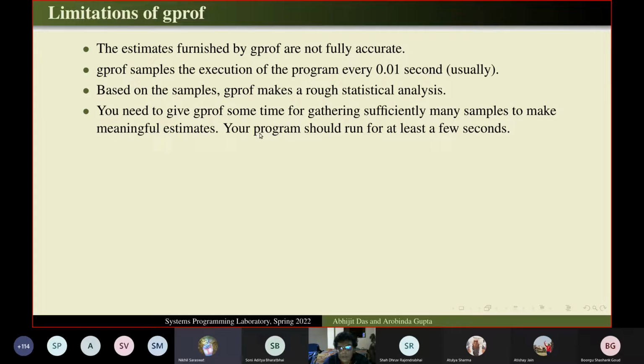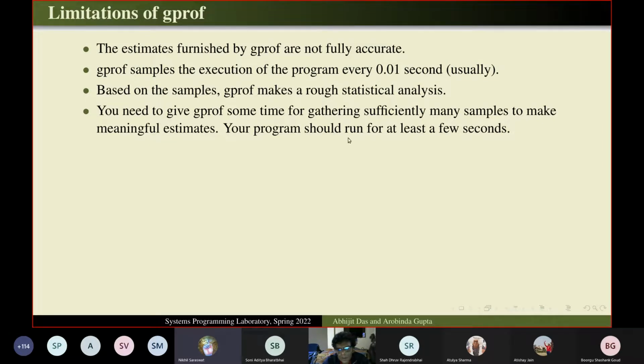If it is 1,000 samples and the sampling time is 10 milliseconds, how long will your program run? This is 1/100 of a second per sample, so for 1,000 samples, 10 seconds.